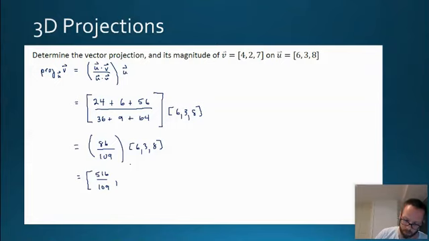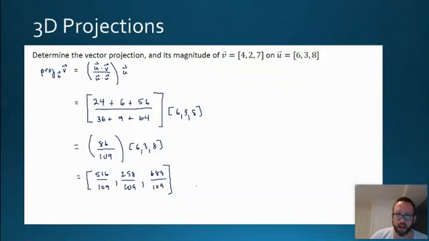That would be 258, I think. 86 times 3, 258 over 109. And 86 times 8, 688 over 109. And so this would be the vector projection.